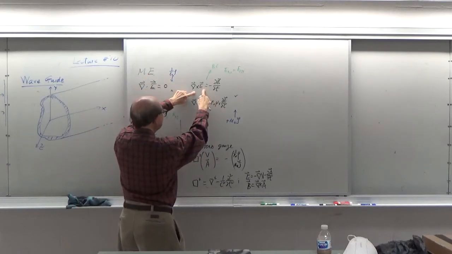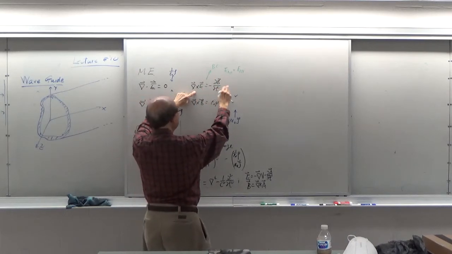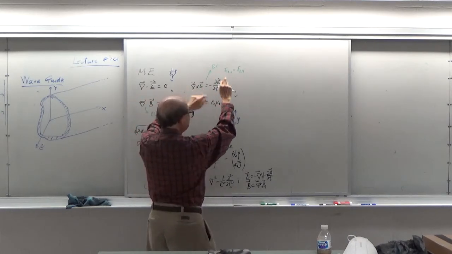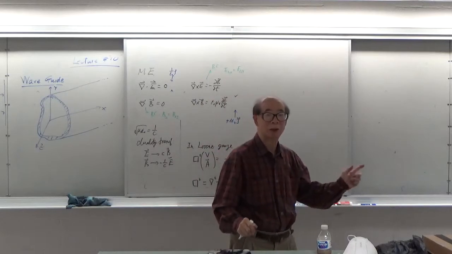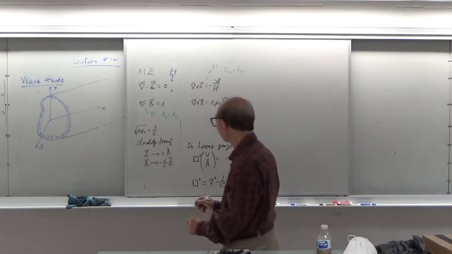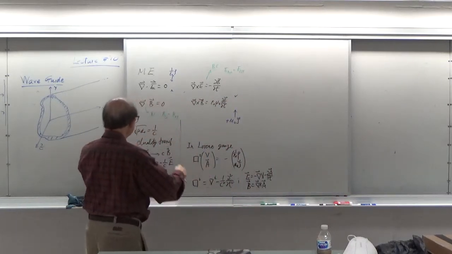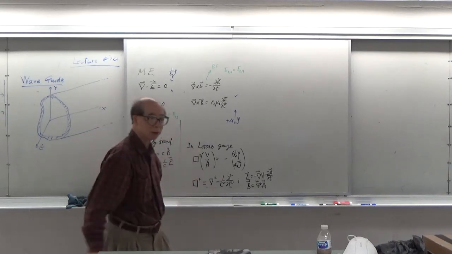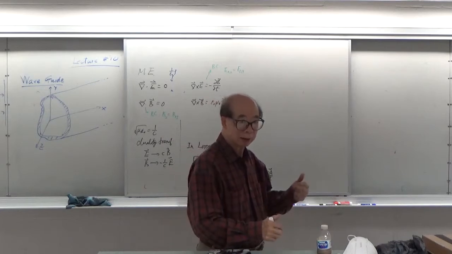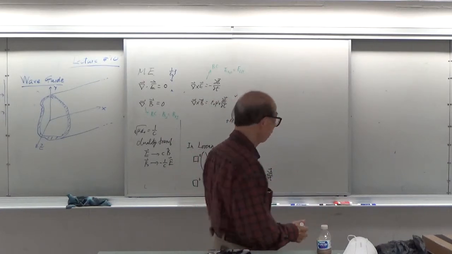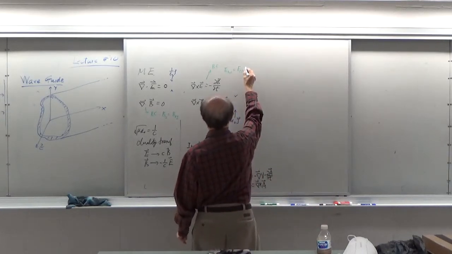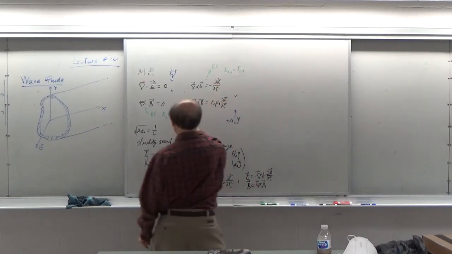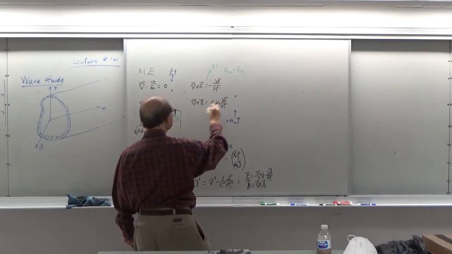But from this equation, we know the boundary condition says that the parallel component of the electric field E is continuous across the boundary. And from this equation, we know that the perpendicular component of magnetic field B is continuous across the boundary. So we will make use of this boundary condition as well as this boundary condition.